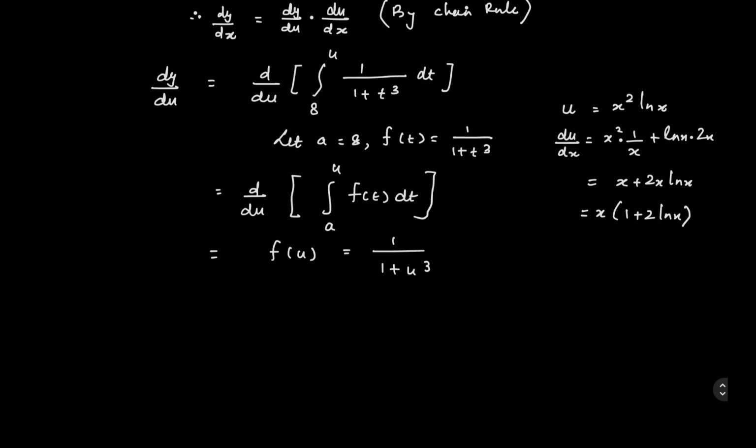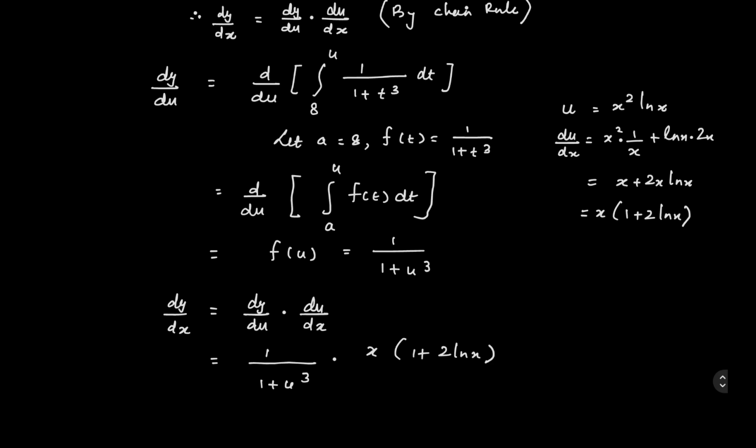Now you combine these two to get dy/dx. So dy/dx is dy/du into du/dx. So dy/du is 1 over 1 plus u cubed, and this is x times (1 plus 2 ln x).